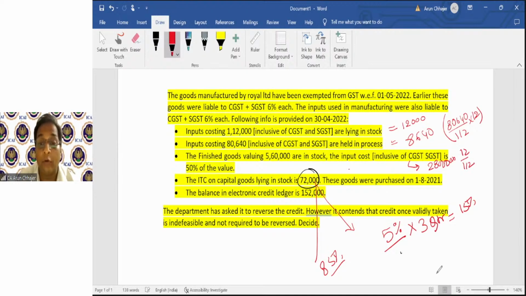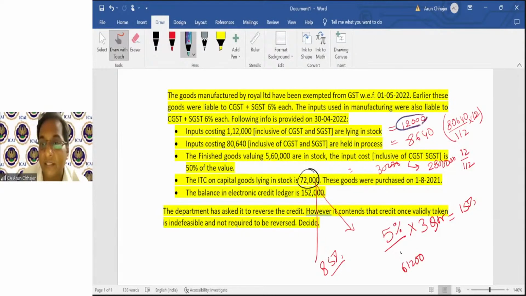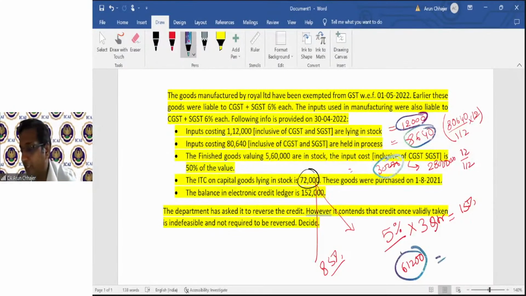तो यहां पर कितना आया था अमाउंट? हियर द अमाउंट वाज 30,000 एंड हियर द अमाउंट वाज 85%. कितना आया था? 72,000 का 85%, 61,200. So if you add all these, 12,000, 8640, 30,000 and 61,200, कितना आता है? एक बार कैलकुलेट कर लेता हूं. 61,200 प्लस 12,000.